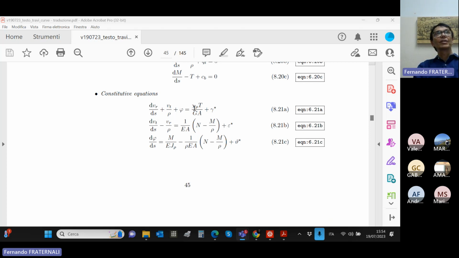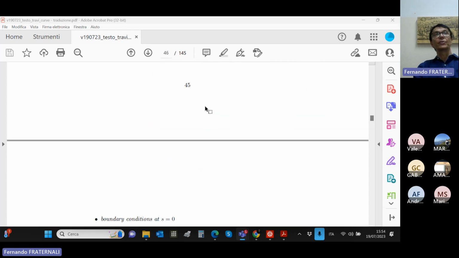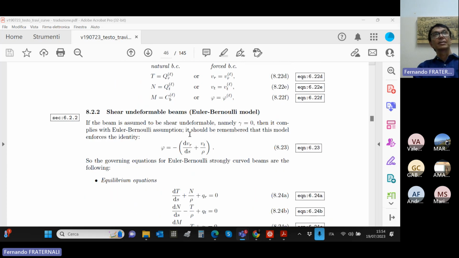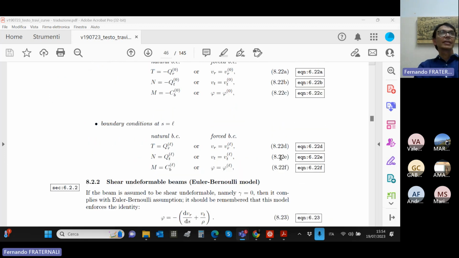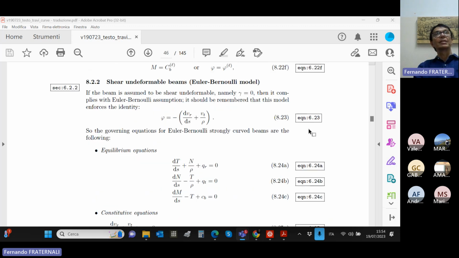From this equation, if we assume that the summation is zero, because we assume that no gamma star is applied, we can obtain phi. If this is zero, we can obtain phi as a combination of the derivative of Vr over ds and Vt over rho. So we obtain exactly this result.